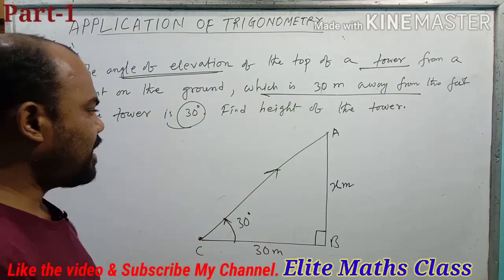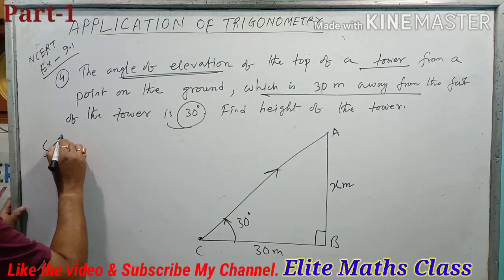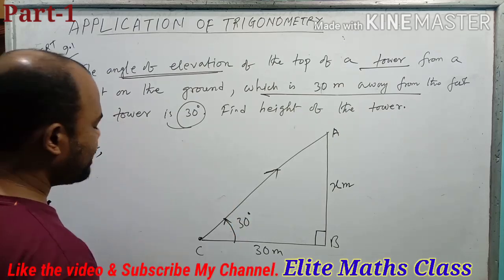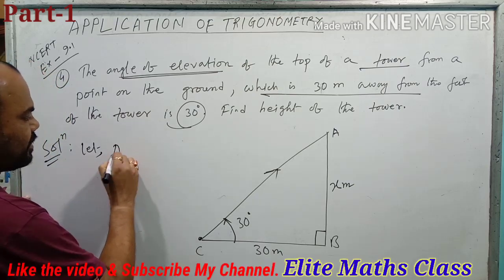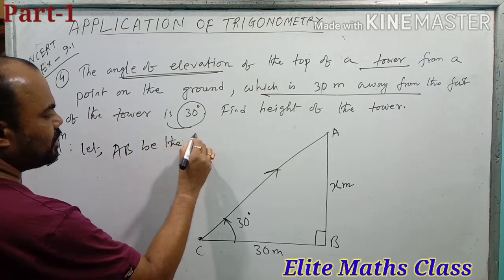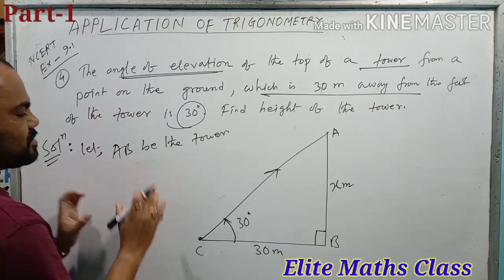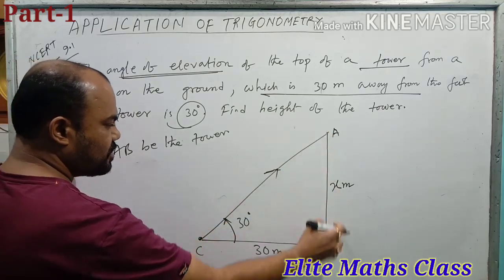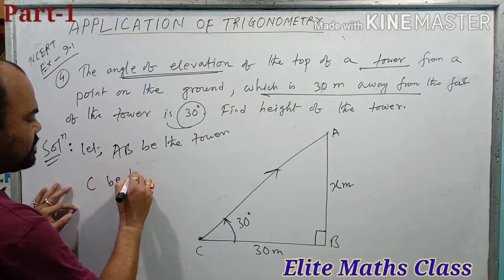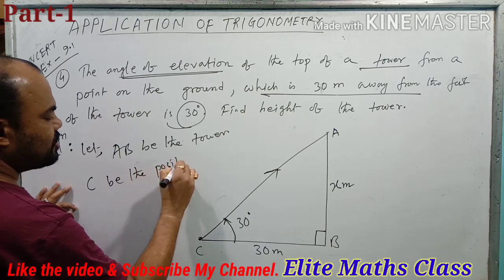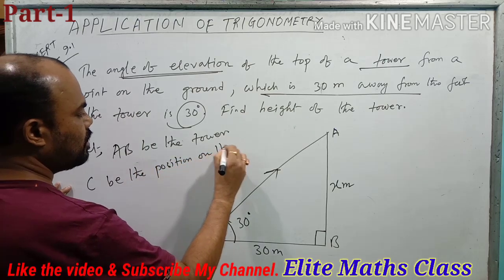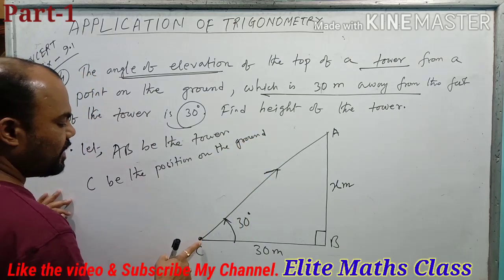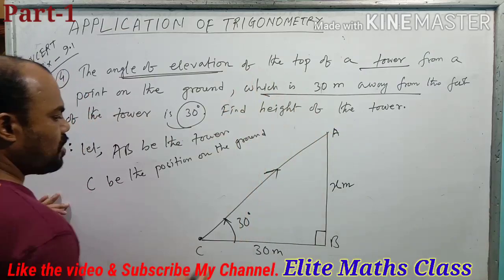So now the style of writing, and this is the solution. In this way you write the answer in your exam paper. First write some statements. Let AB be the tower, this is the position of the tower. C be the position on the ground at which the top of the tower is observed.